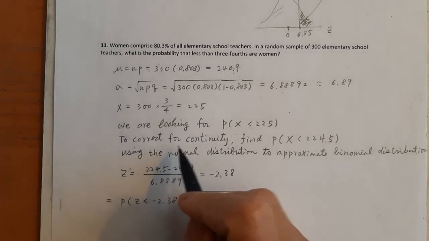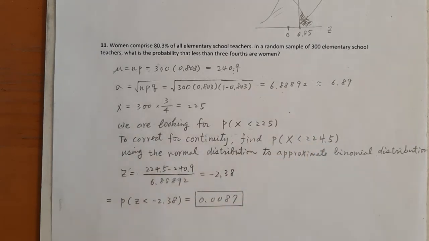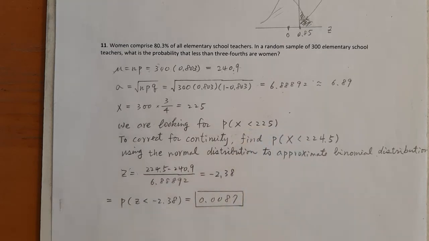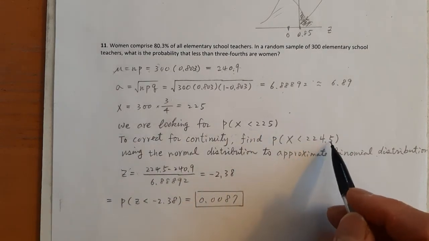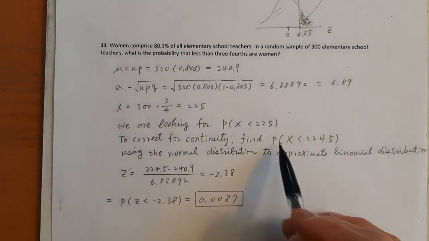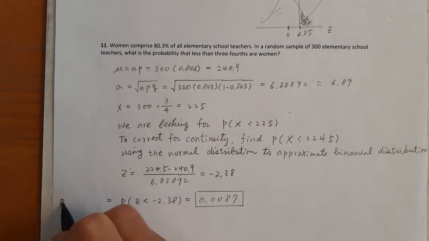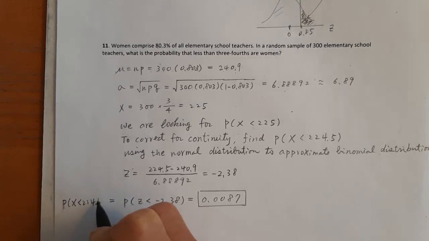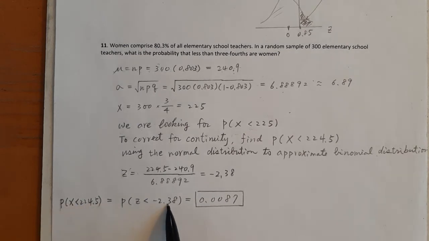In order to correct for continuity, we find the probability of X less than 224.5, going left a little bit by 0.5. We need to figure out the z-score for 224.5.